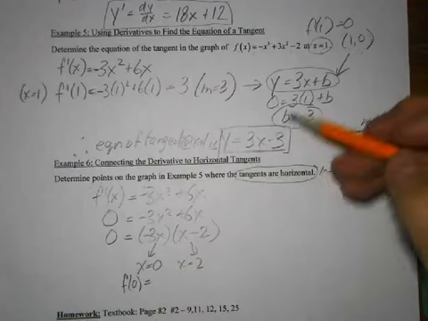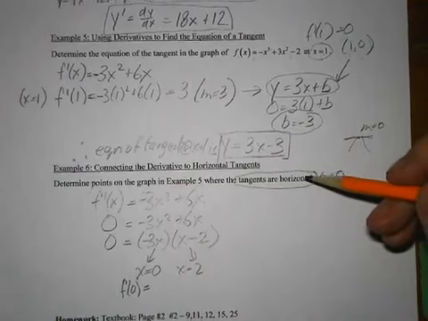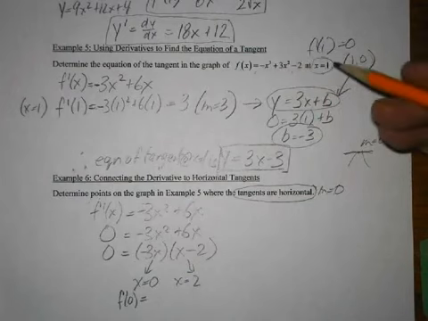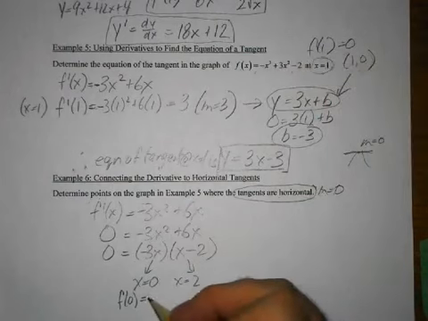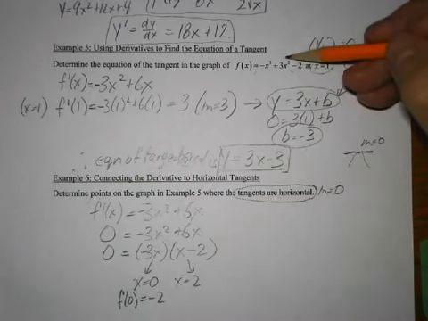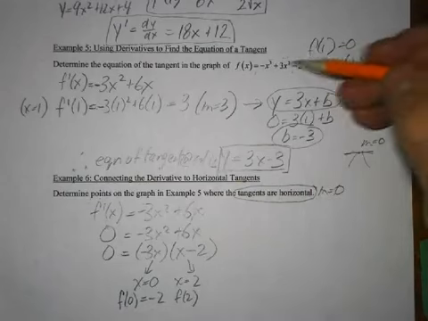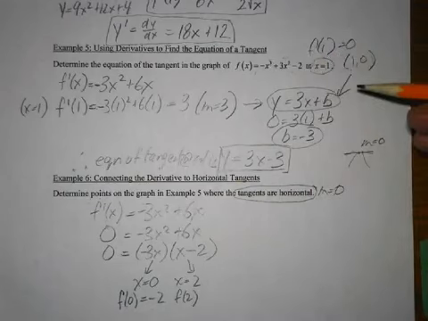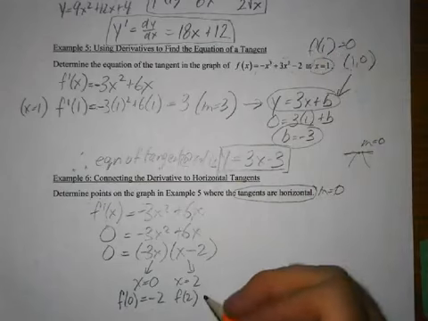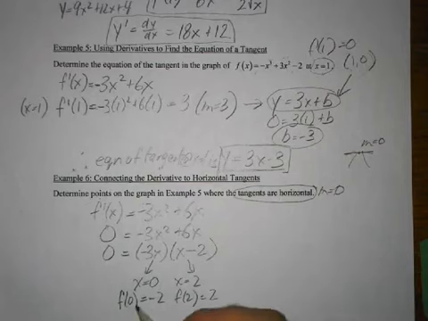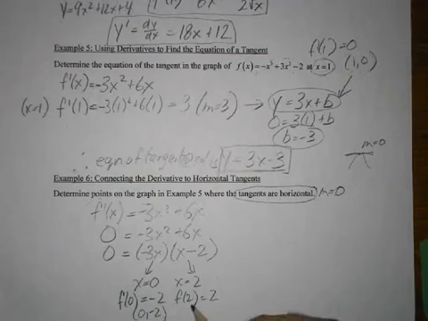So if I plug that back in to the original equation back here in question 5, that would mean f of 0 is negative 2 because both of those terms are 0. And f of 2, if you plug 2 into there, you're going to get f of 2 equals 2. So basically these are the points (0, negative 2) and (2, 2).